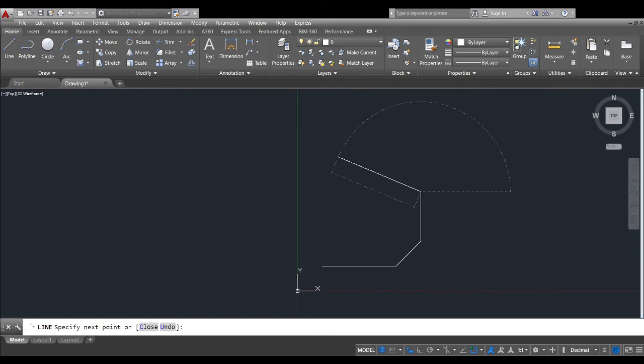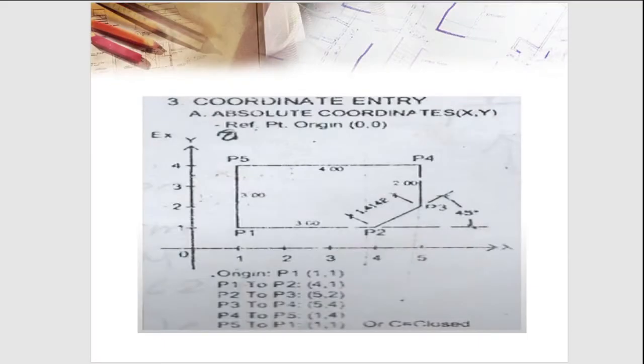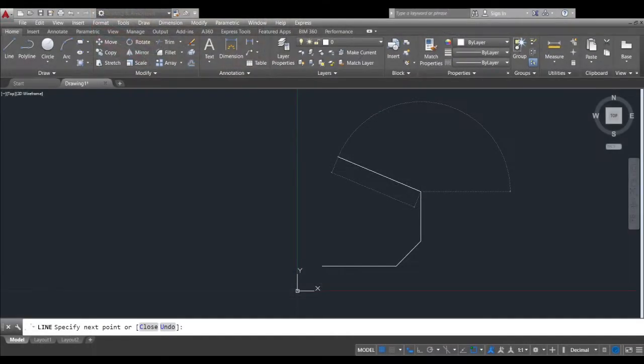And then next, going to point 4, going to point 5, the coordinate is 1,4. Don't forget the hashtag, 1,4.